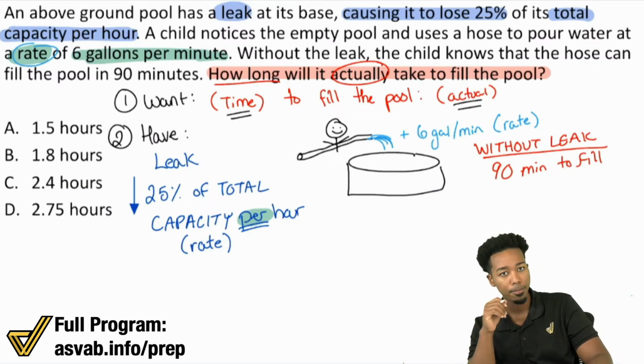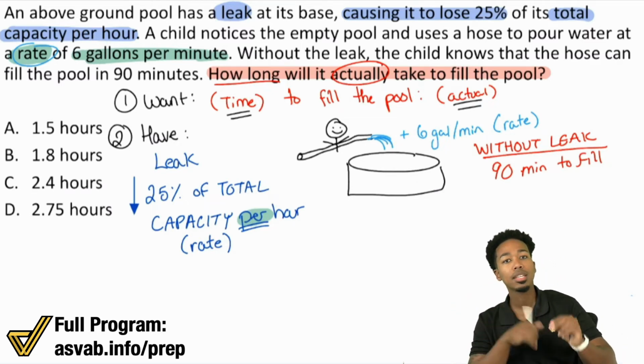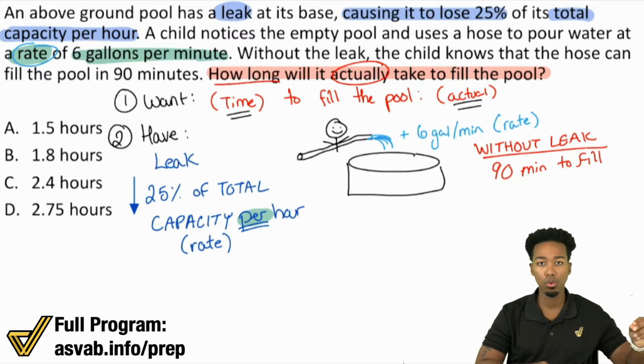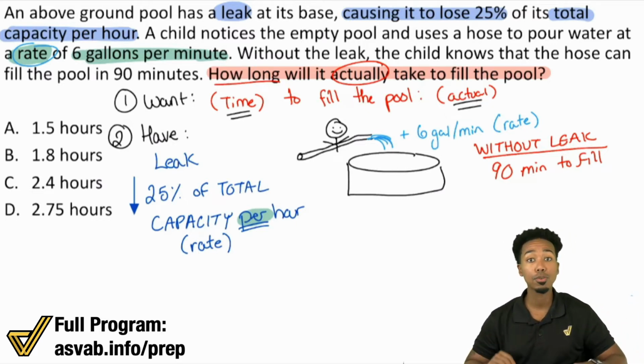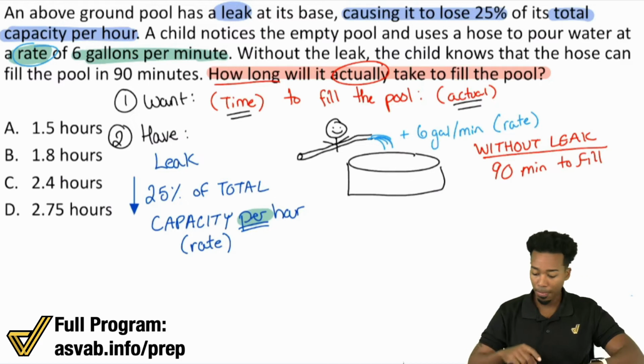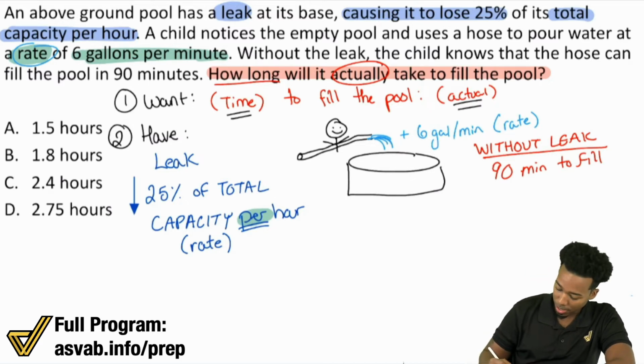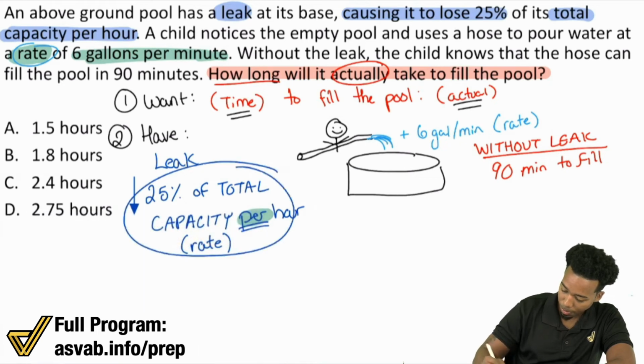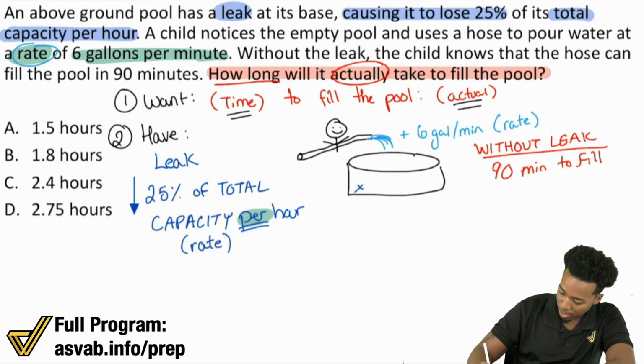How do I know that? Because if we're trying to figure out the time that it takes to actually fill the pool, we need to understand the difference between the water being poured in and the leak coming out. So I'm going to show this right over here. This is my leak. There's a leak right there causing water to spill out.